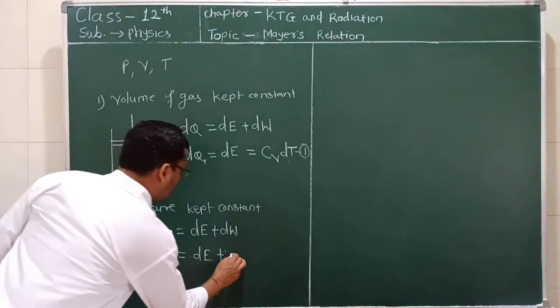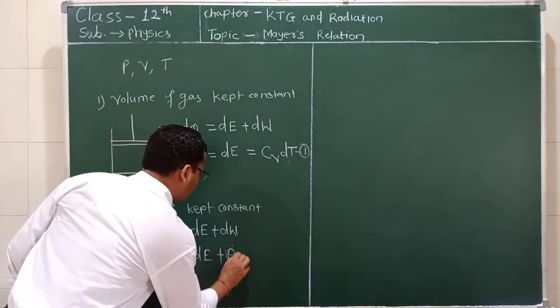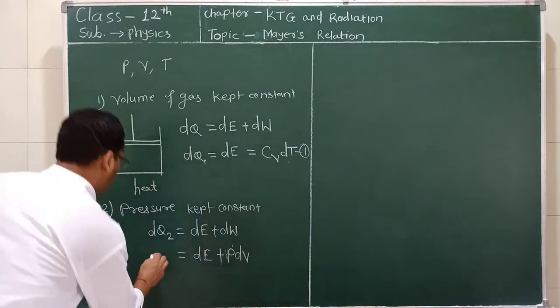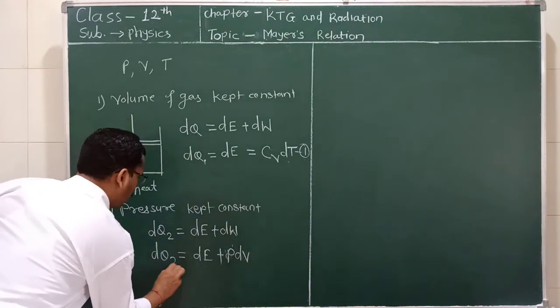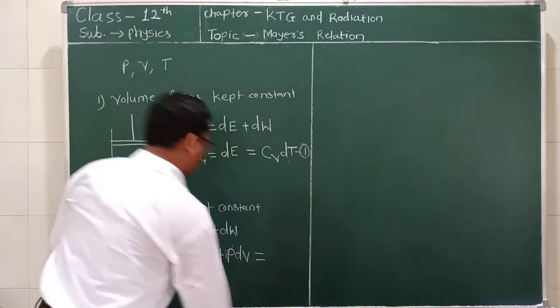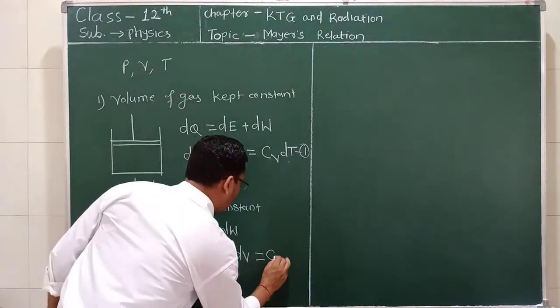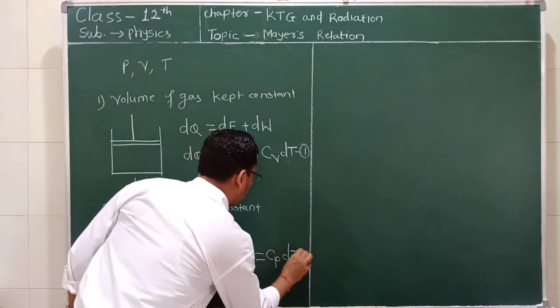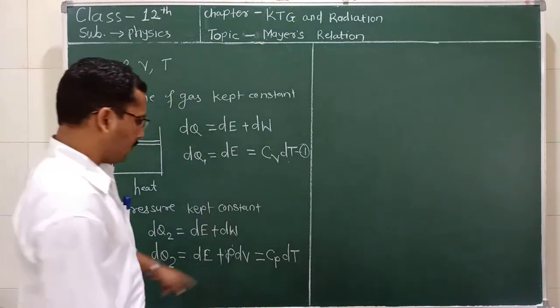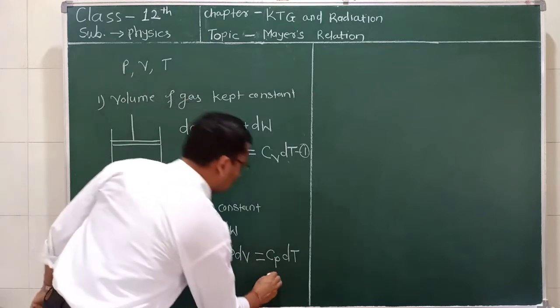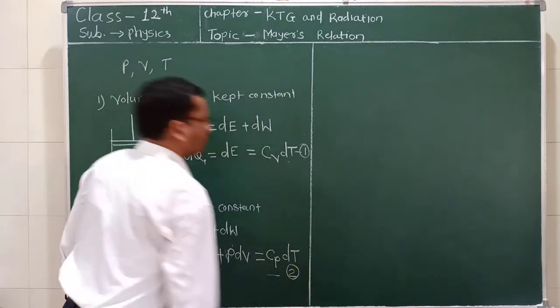So we can write it is equal to P multiplied by dV. So dQ2 is equal to the molar specific heat Cp multiplied by the change in temperature, Cp dt. This is equation number 2.